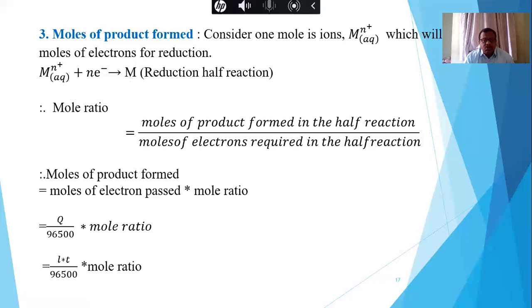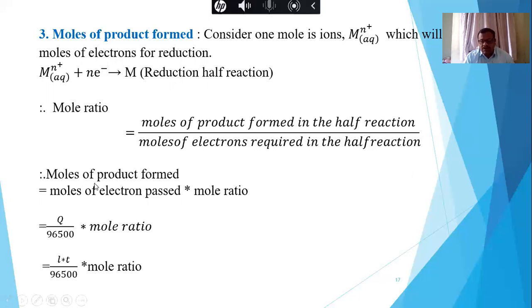So the mole ratio is equal to moles of product formed in the half reaction upon moles of electrons required in the half reaction.